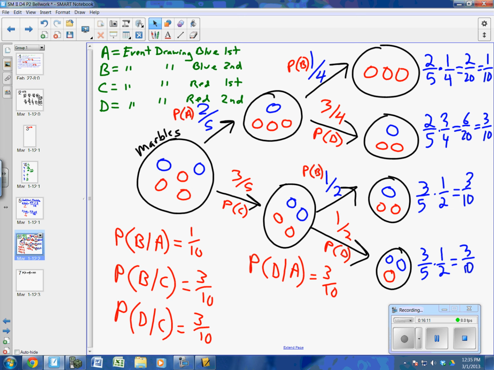You guys, this is not the probability of B. This is the probability of B given A, the whole thing, right? I should have written this one as the probability of D given A, right? This one should have been the probability of B given C, right?